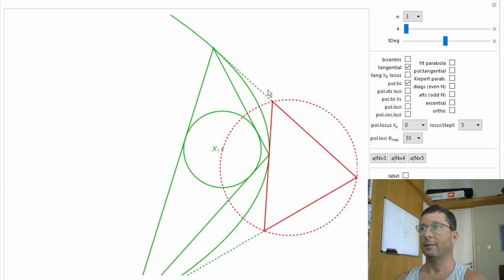What does that mean? This triangle, this red triangle here, has sides which are bounded by the tangents to the green parabola at the vertices, meaning it's bounded by the polars of the vertices of this triangle with respect to this circumconic, the circumparabola, this green parabola.